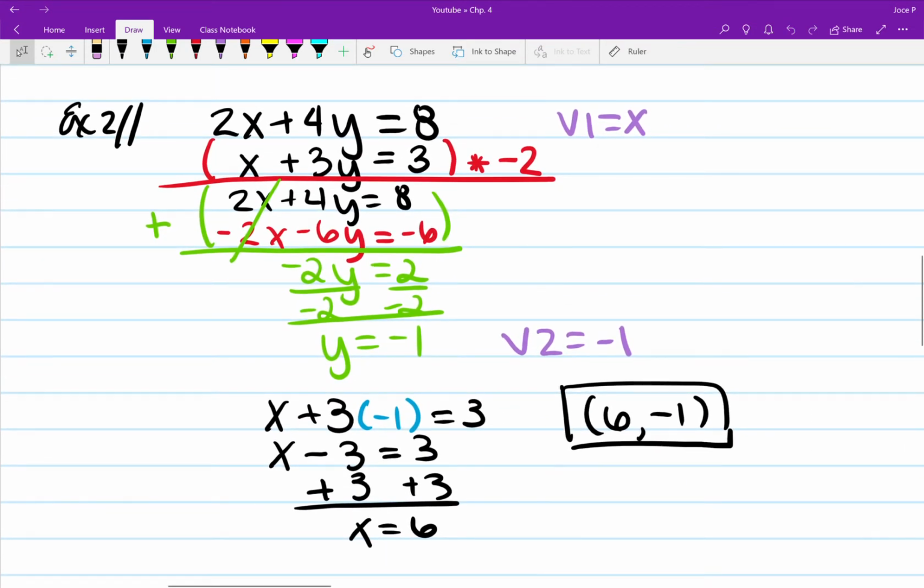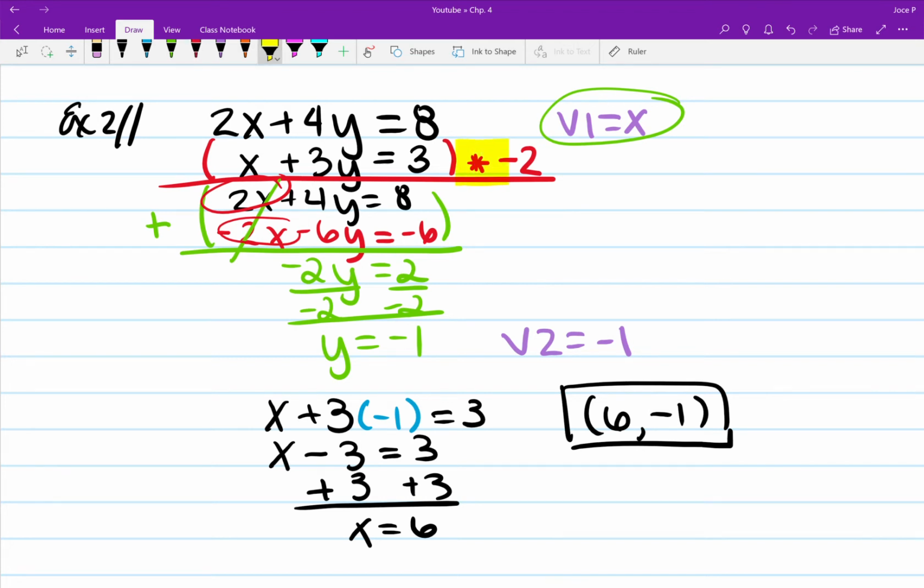Example 2. We're going to make x our V1, so we're going to try and cancel out x. But by doing so, we need to make sure that the x values of each equation are negatives of each other with the same coefficient. For example, here we get negative 2x and positive 2x. We didn't originally have that.